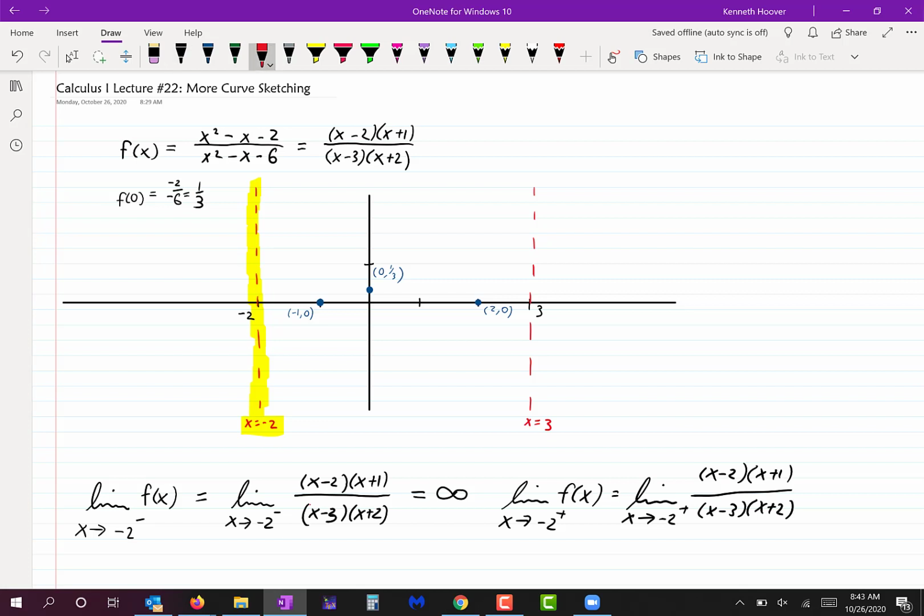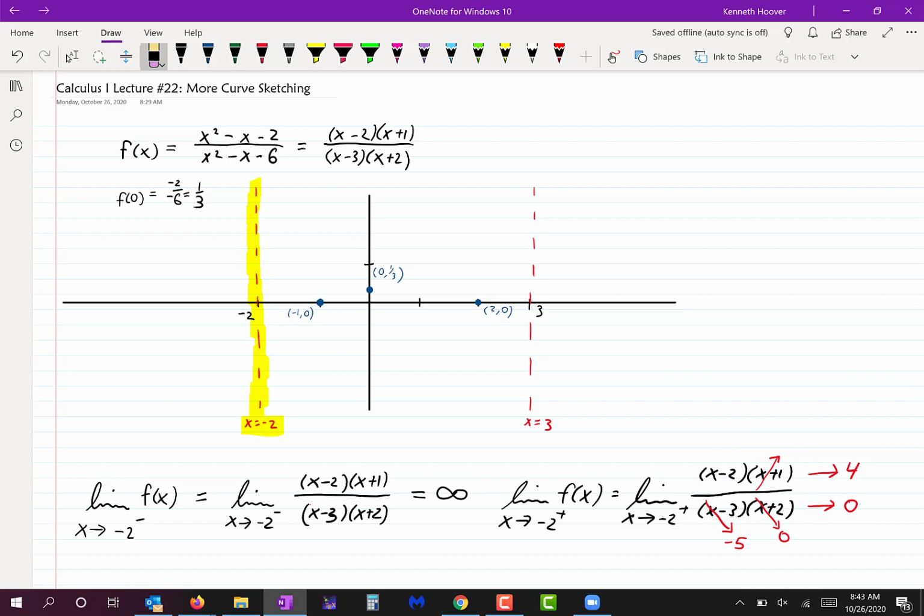Okay, x is still approaching -2. So this will still approach -4. This will still approach -1. So the top is still approaching 4. On the bottom, this will still approach -5. This will still approach 0. So the bottom is still approaching 0. And so the function is still getting infinitely big. None of that has changed.